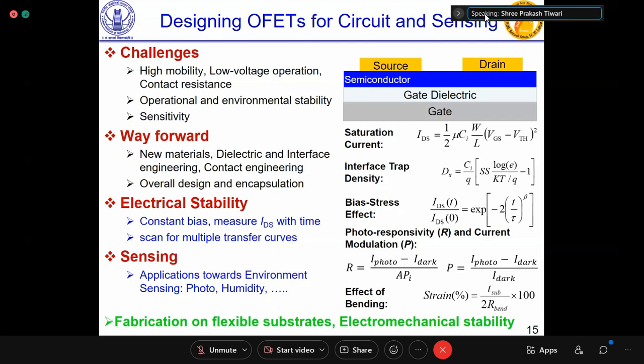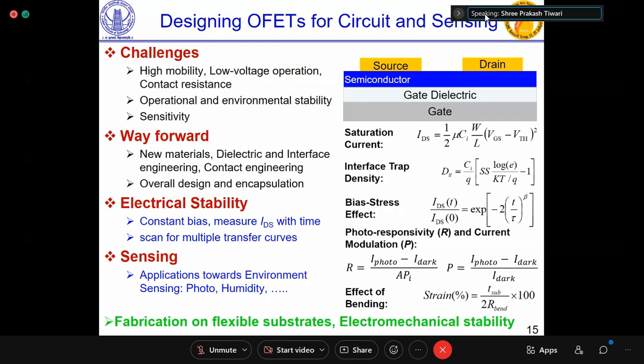Now from the saturation current, when you characterize these devices, from the transfer curve you can always get something called sub-threshold swing. From that sub-threshold swing, how fast the switching happens, switch off, switch on, can help you estimate something called interface trap density. You don't want high interface traps. That is called DIT, and it can also be estimated.